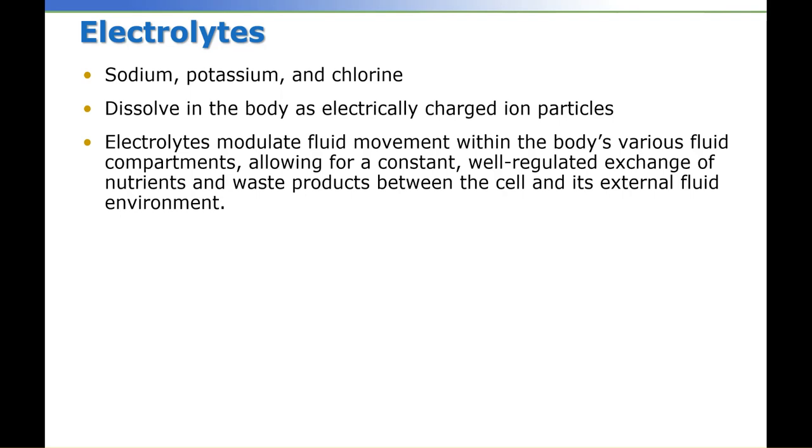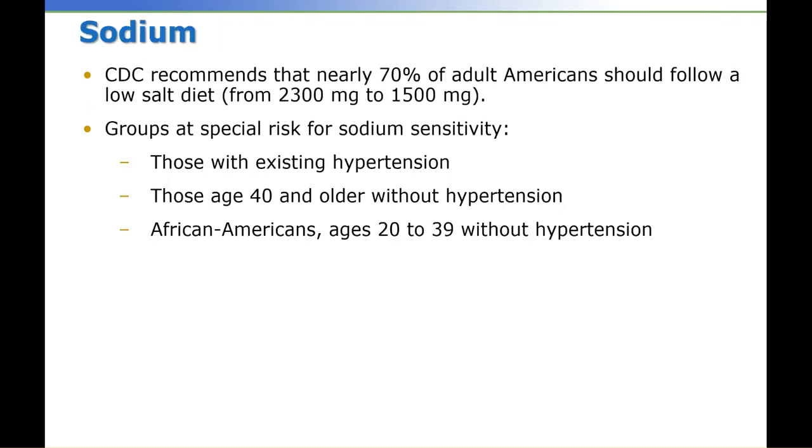Basically, they establish proper electrical gradients across cell membranes, allow nerve impulse transmission, muscle stimulation and contraction, and proper gland functioning. Electrolytes also maintain plasma membrane permeability and tightly regulate the acidic and basic qualities in the body and body fluids, particularly in the blood. So they're extremely important.